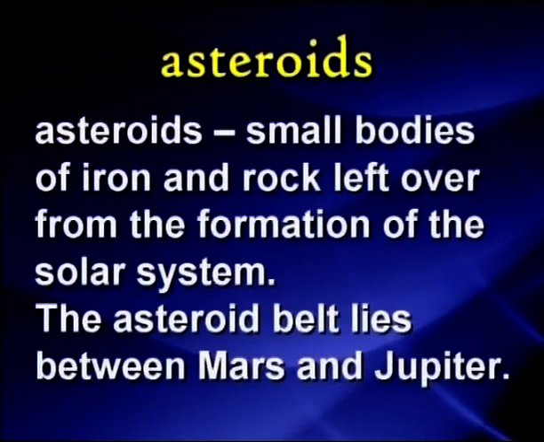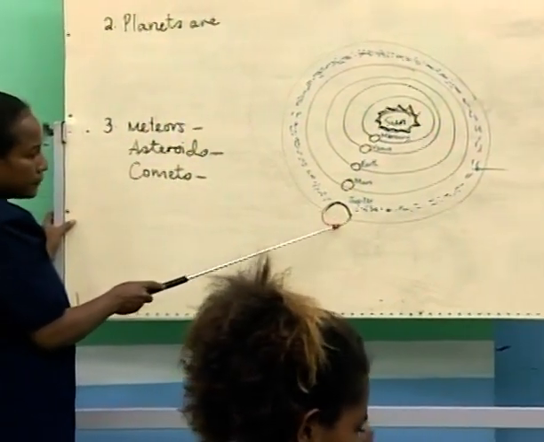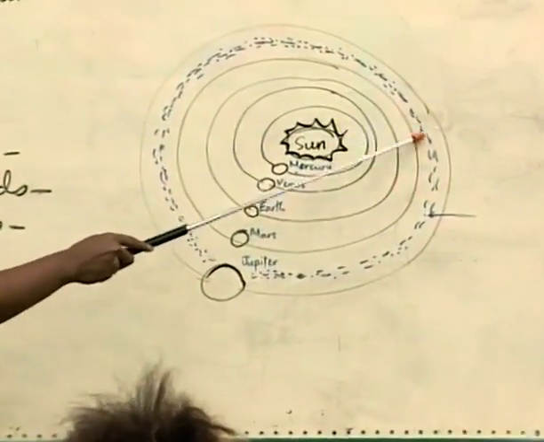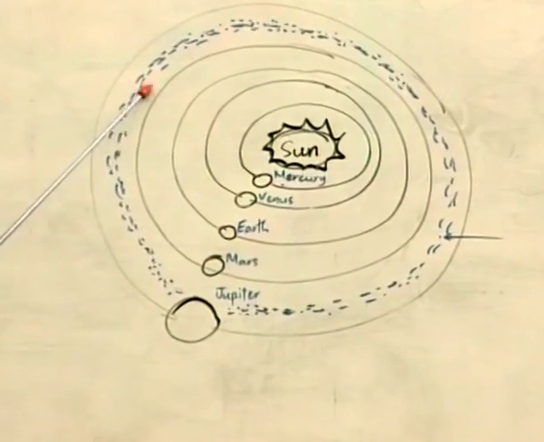Asteroids are small bodies of iron and rock left over. Asteroids are also known as minor bodies of the solar system. They are leftovers from the formation of the solar system. And looking up here on the whiteboard, asteroids go around. They're located between the planets Mars and Jupiter. And these blue marks here, I just drew around here, are asteroids.